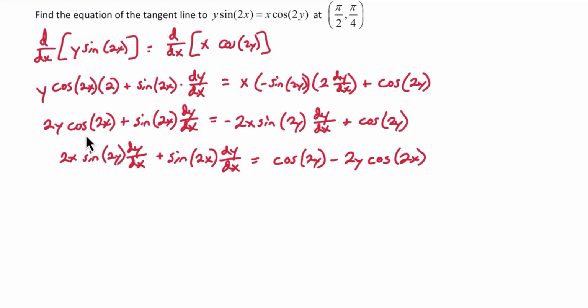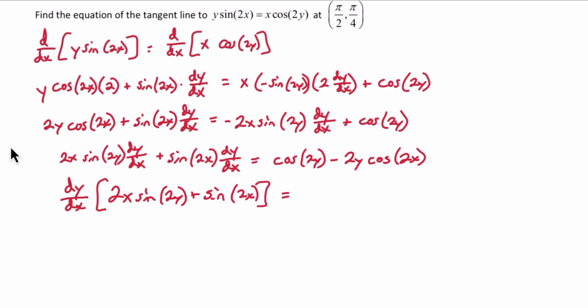The next thing we'll do is factor out dy dx, leaving us with 2x sine 2y plus sine of 2x equals, and we'll just copy and paste the right side.